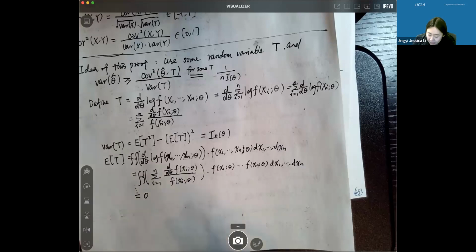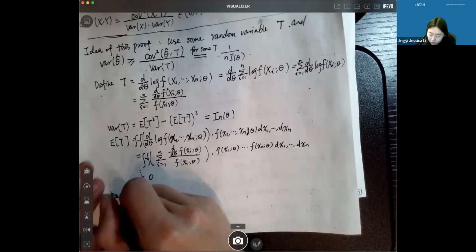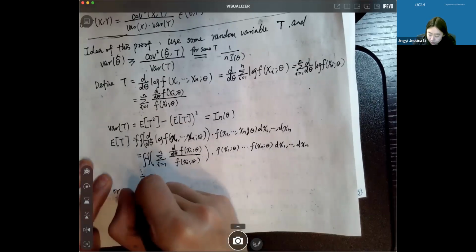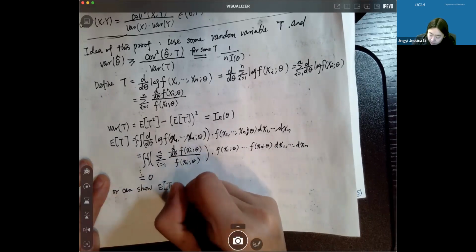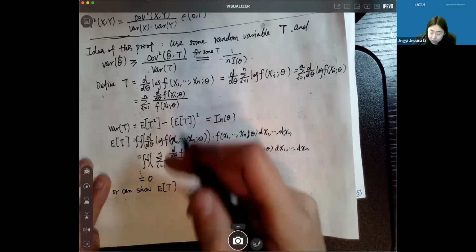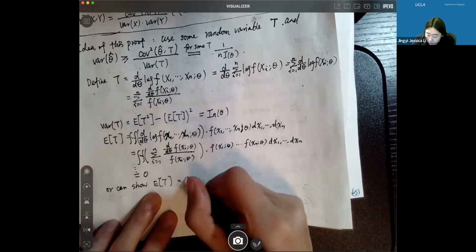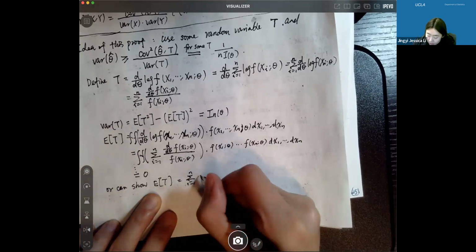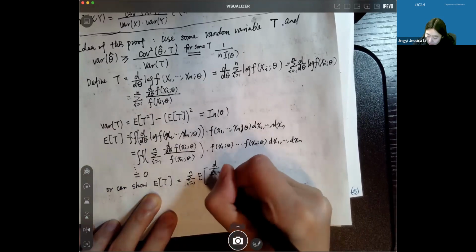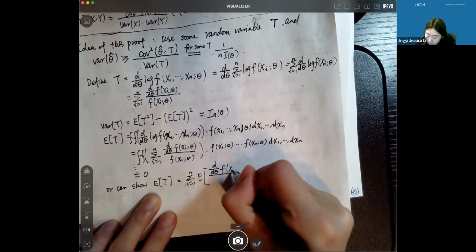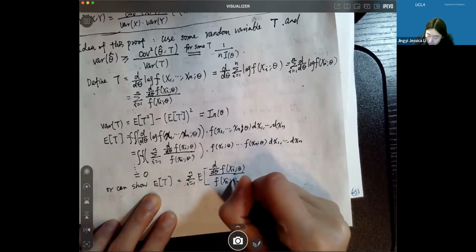Or maybe an easier way to see this, since this is a little bit complicated, I give you a simpler solution. The expectation of T, I exchange the sum and expectation: sum over i from 1 to n of the expectation of d theta log f(xi; theta). Right, this is simpler.